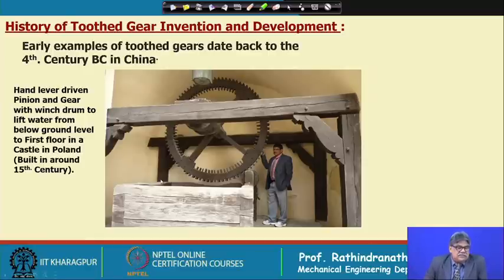Now, this is a hand lever driven pinion and gear with winch drum to lift water from below ground level to the first floor in a castle in Poland, and based on the information, it was built in the 15th century.